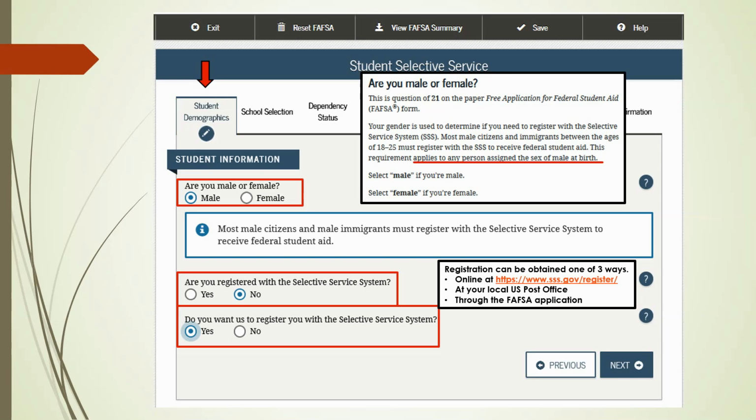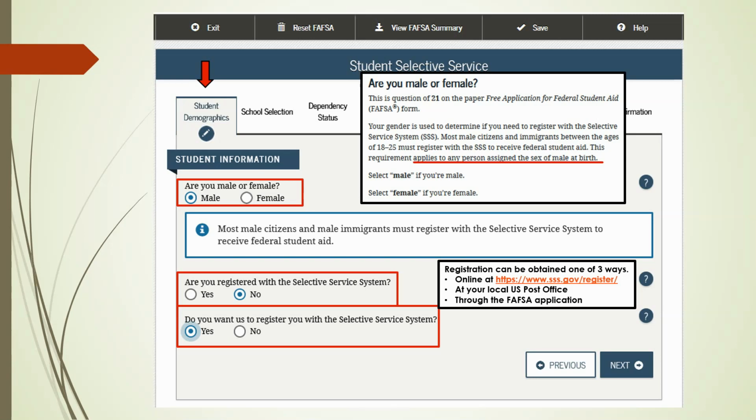So if you're a college student starting college and you're maybe 16 or 17, just answer yes that you want to have FAFSA register with you with Selective Service. You will qualify for financial aid because you're not required at that time because you're not of age, but you will be qualified, so that doesn't matter.